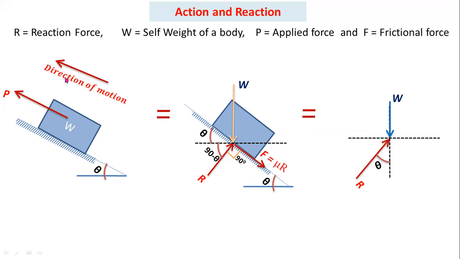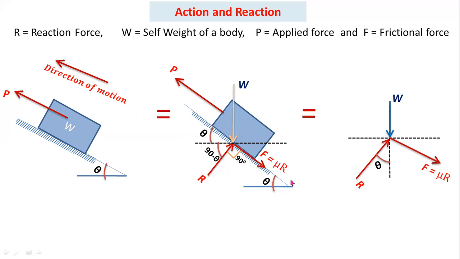Then you have to consider the frictional force downward. So the frictional force always acts opposite to the direction of motion and parallel to the support. This is the applied force, this is the frictional force, and this is the direction of motion.